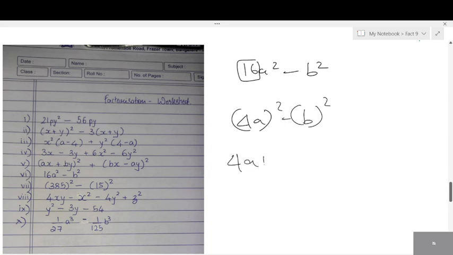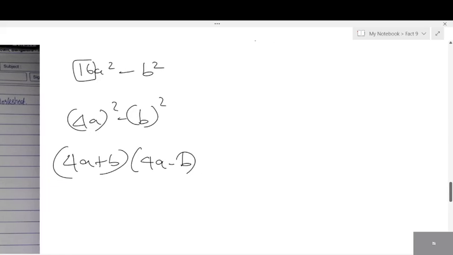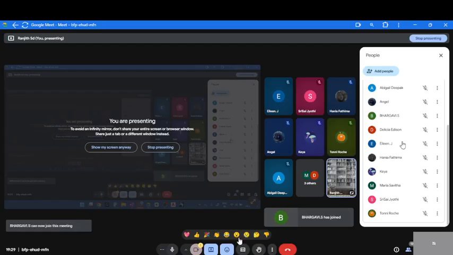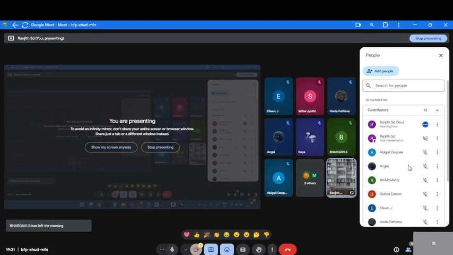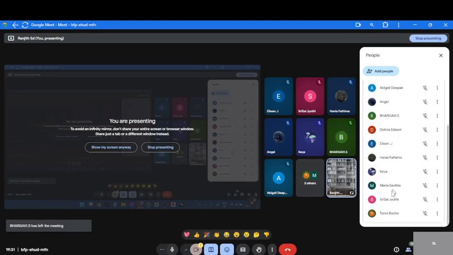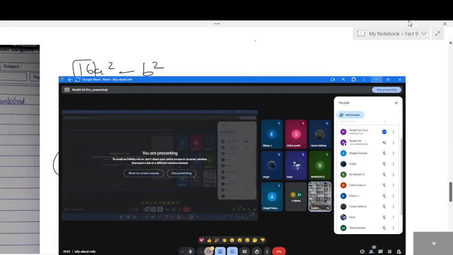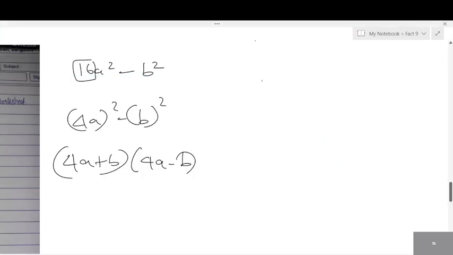So what's 4a plus b into 4? In this, there are two more questions, two more types. I'll explain them. Now, 16a square, students. Fine. Next.